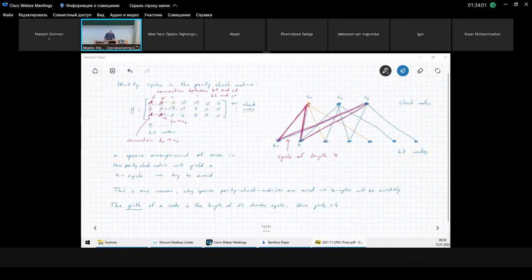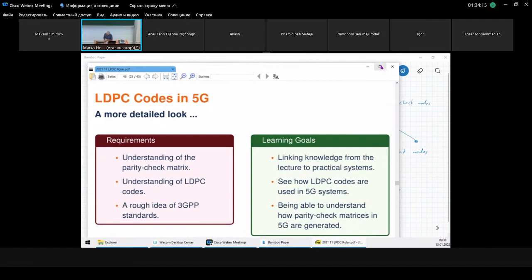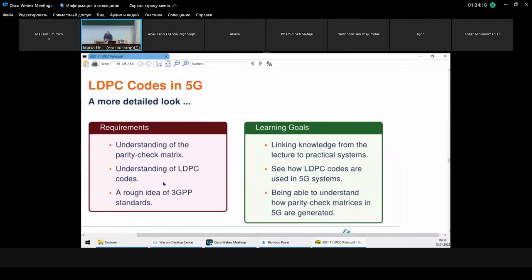Okay, let's have a closer look at 5G, what's used in 5G. Let's also start here with the lecture slides. So let's see what we need to understand to get this done. We should know how these parity check matrices are defined, how they work, how the parity check equations are reflected in this parity check matrix.